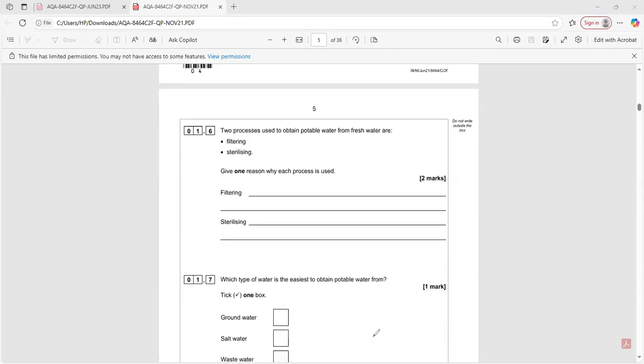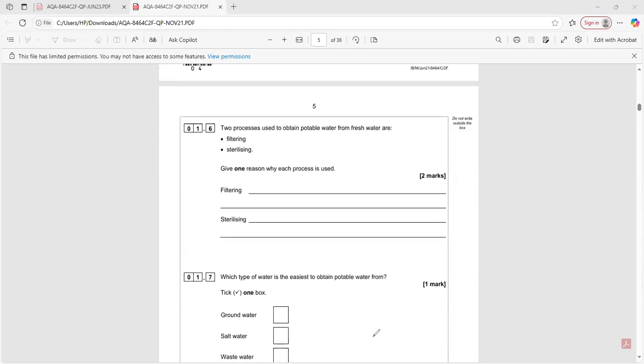It says two processes used to obtain potable water from fresh water are: number one, filtering, that's using a filter paper or a sieve with very tiny holes. Then sterilizing, of course, that's boiling it, or using chlorine to bleach it.